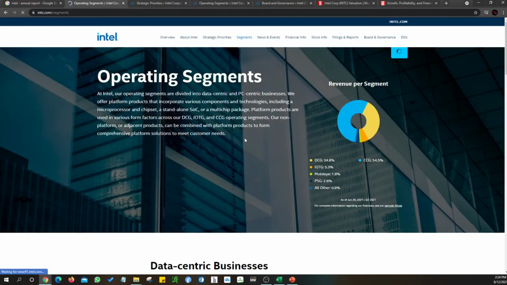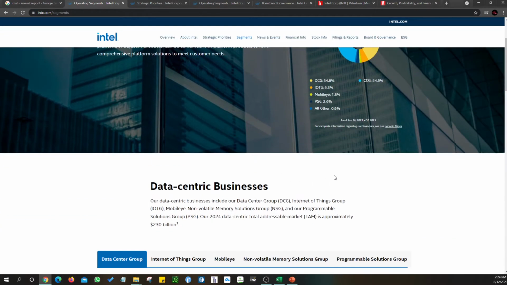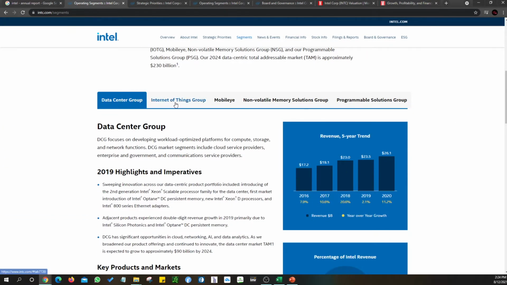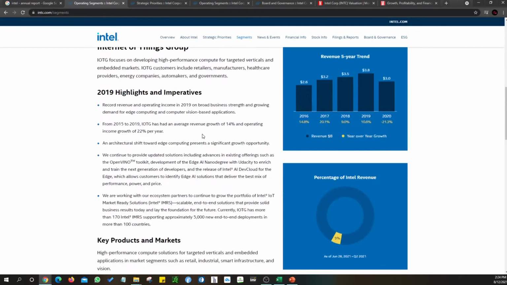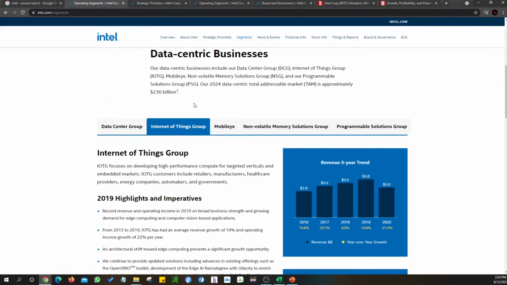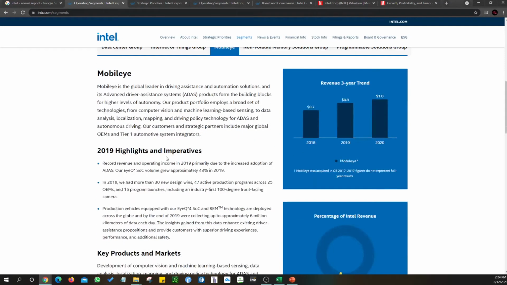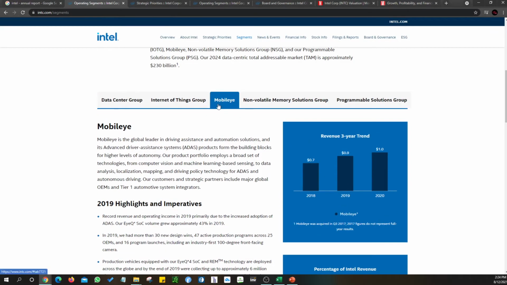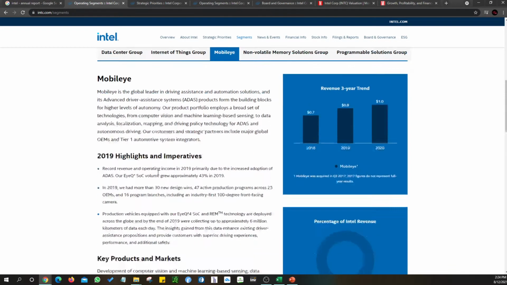Segments. Let's see what their segments are. So this shows what they do, what's in IoT that they are doing. These are some key highlights, so you can read on it. What this is doing. This is working closely with Altera.